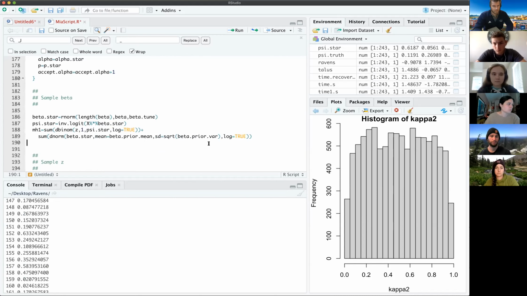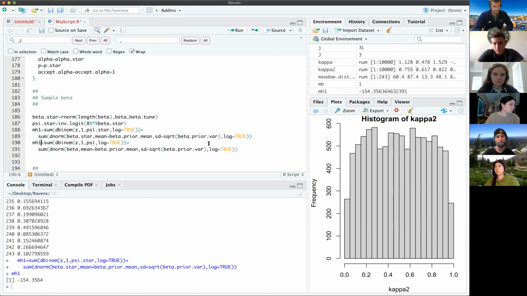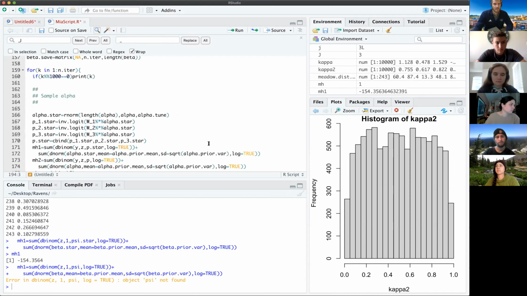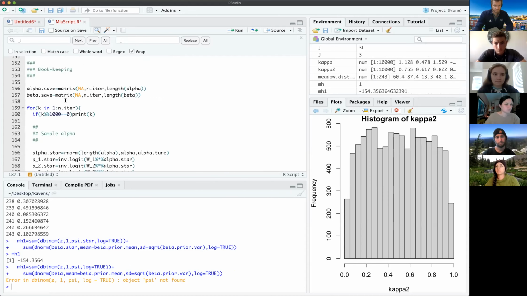Okay. Once we have that, the second part's easy. Just delete the stars. I don't think we have specified a starting value for psi, so we might have to go up and do that. Yep. So I'll just take this, delete the stars.